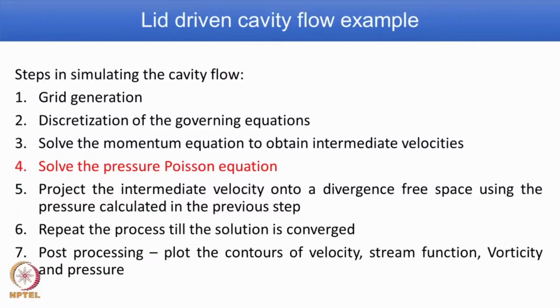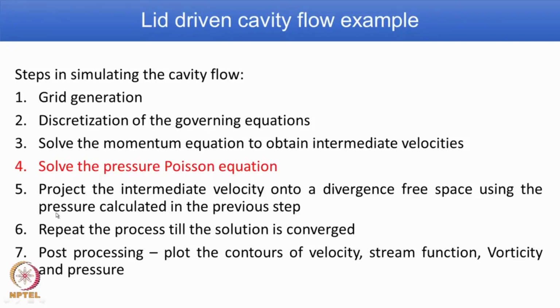So, for the sake of continuity, I am listing here all the steps that we mention to solve this particular problem. So, grid generation we have already done, discretization of the governing equation, separately convection term, diffusion term, solving the momentum equation to obtain intermediate velocities u star and v star. Now, in this class we are going to talk about how to solve pressure Poisson equation.